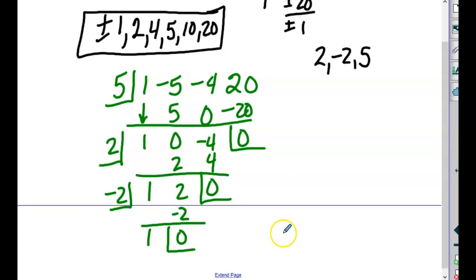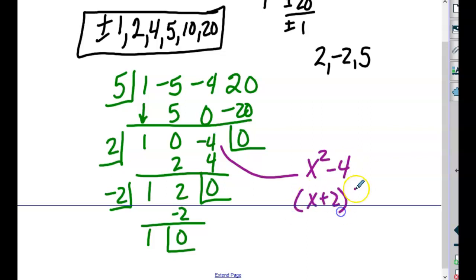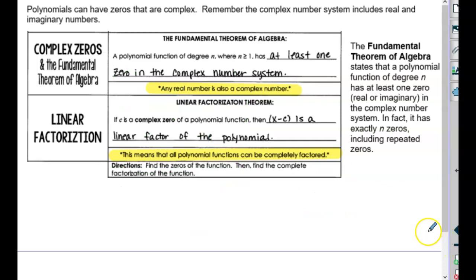Okay, so if you wanted to prove, you don't have to prove them all. The bit about factoring I said when I got right here, that represented x squared minus 4. So it would have factored x plus 2 and x minus 2 so that I wouldn't have had to keep dividing. Okay, it didn't say you had to prove them. I'm just reminding you here.